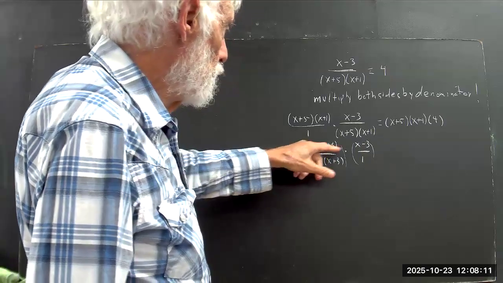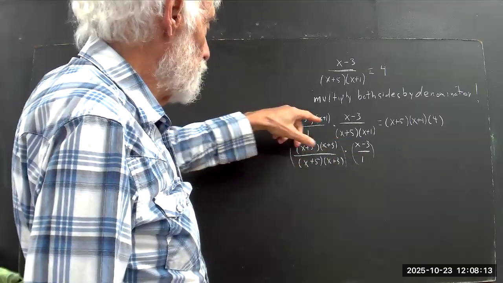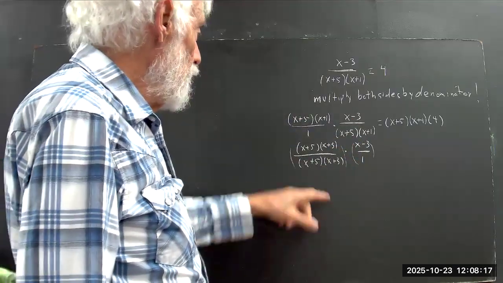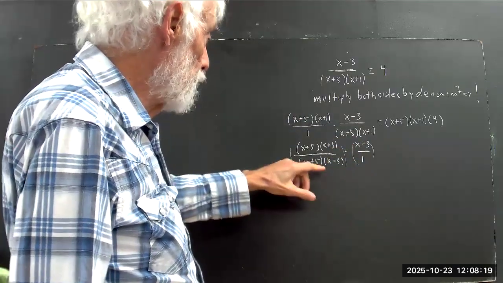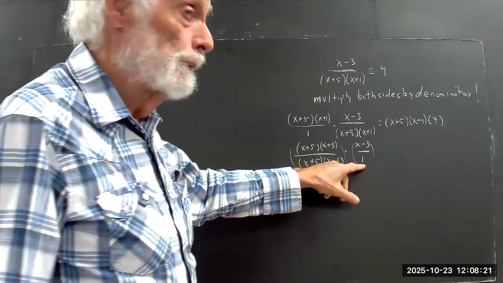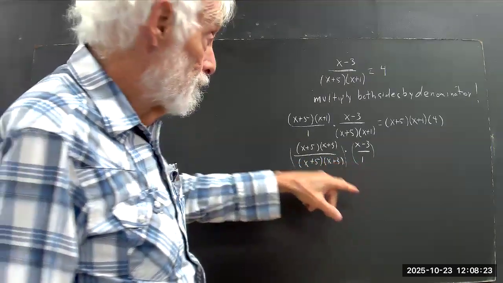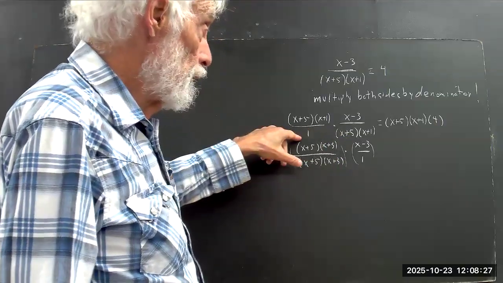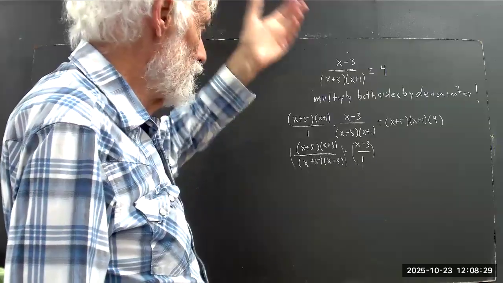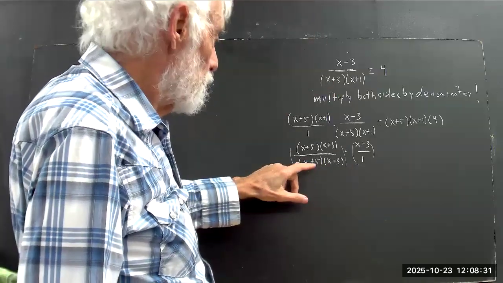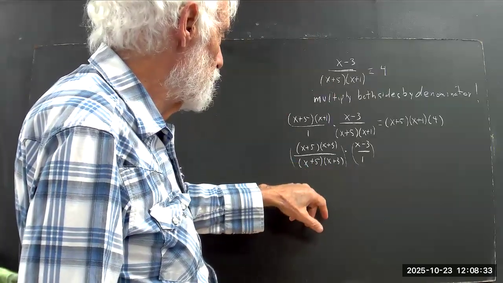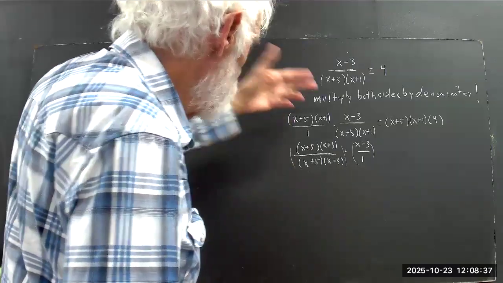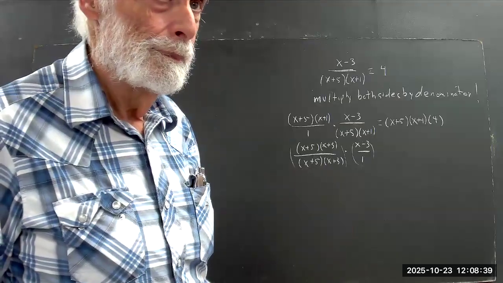Well, if I multiply the numerators here, that's the same as if I multiply the numerators here. They're exactly the same. If I multiply the denominators here, I still get x plus 5 times x plus 1, right? If I multiply the denominators here, I get x plus 5 times, I said x plus 3. Okay, what's that 3 doing there? It's a 1. How did my 1s become 3s?